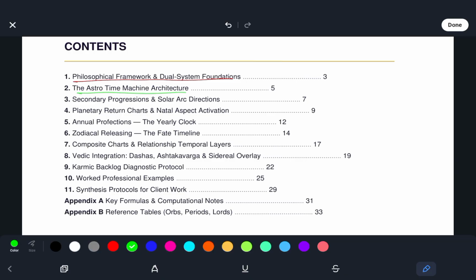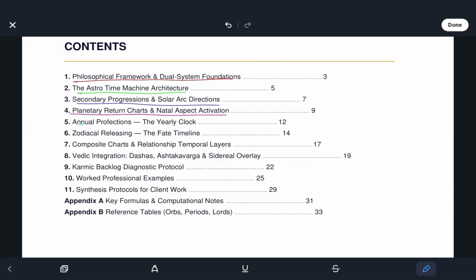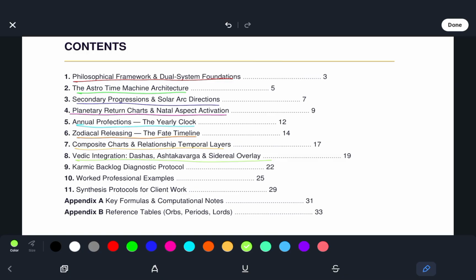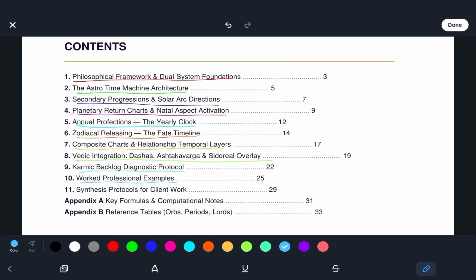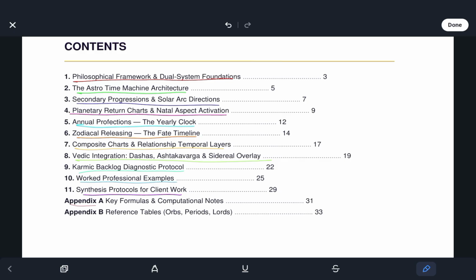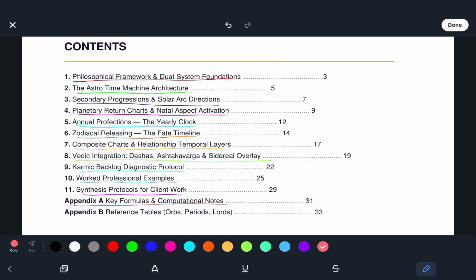We're going to look at the Astro Time Machine architecture, secondary progressions and solar arc directions, planetary return charts and natal aspect activation, annual profections, the yearly clock, zodiacal releasing, the fate timeline, composite charts and relationship temporal layers, Vedic integration, dashas, Ashtaka and sidereal overlay, karmic backlog diagnostic protocol, work professional examples, synthesis protocols for client work, and there's two appendixes. So first is key formulas and computational notes, and the second is reference tables. We're going to look at orbs, periods, and lords.